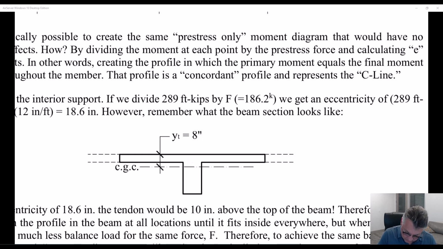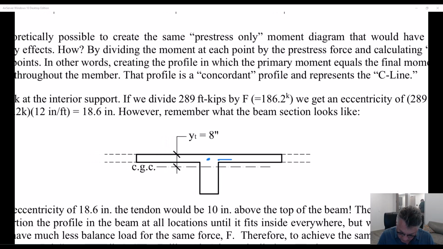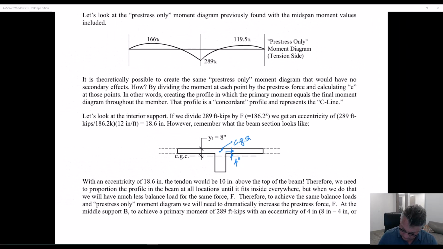Remember, that CGC was 4 inches from the top. So the eccentricity is 4 inches, not to be confused with the dimension from the top of the beam, which also happens to be 4 inches.